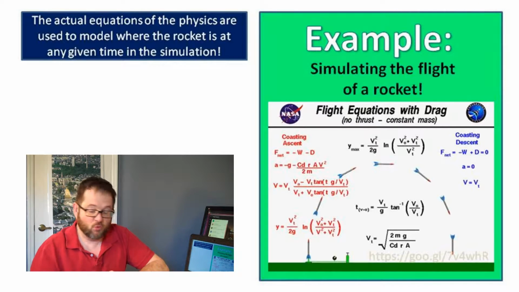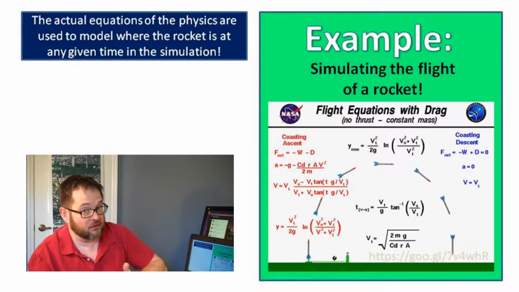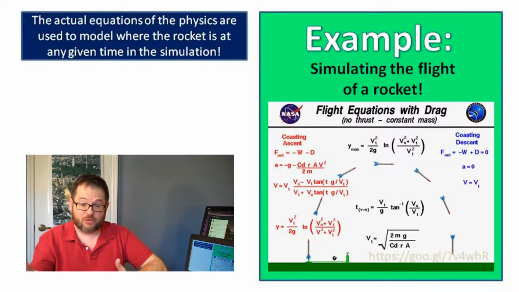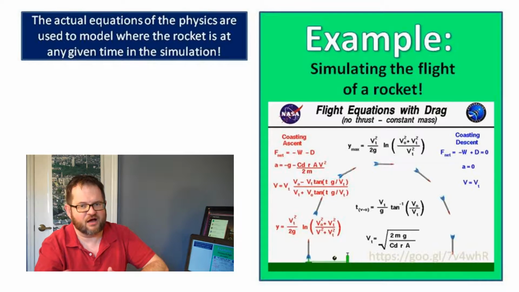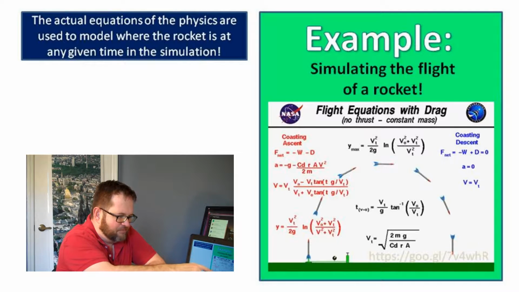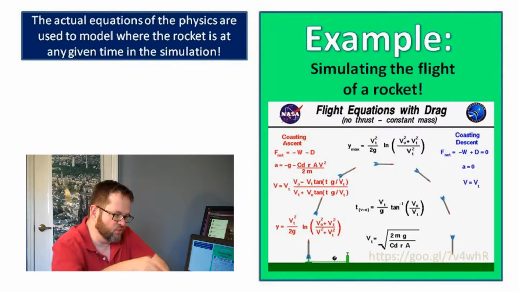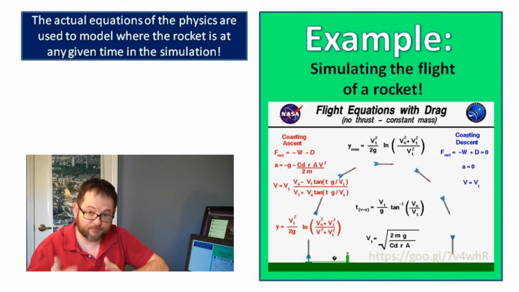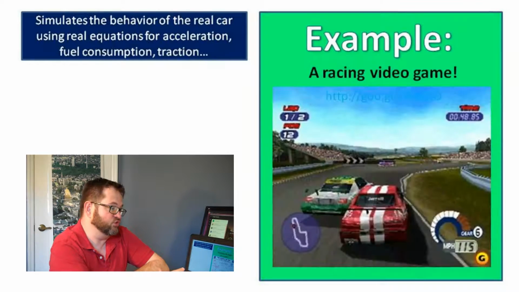Well, one way to do that would be to make a physical model of the rocket and see how it flies. One way to do that would be to launch a bunch of rockets and then use the statistics of where they all landed to simulate it. But a numerical model would actually be applying the physics at every location along the way of the flight to simulate how it was flying. And this is in practice how climate models are actually done.